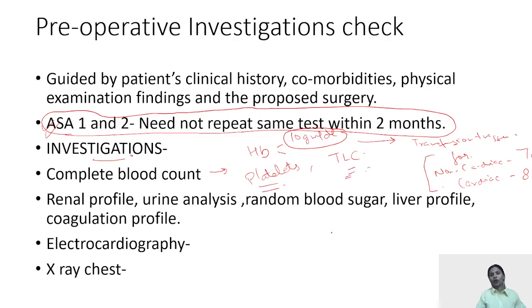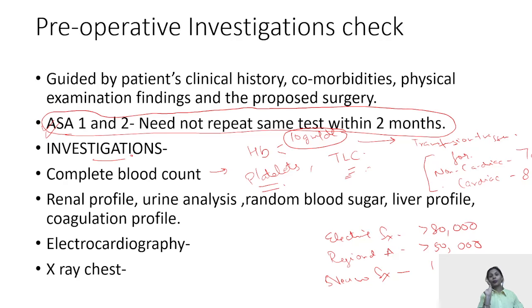Platelets. For an elective surgery, the platelets have to be above 80,000. For giving regional anesthesia, the platelets have to be above 50,000. And for neurosurgeries, we have to maintain the platelets at 1 lakh.